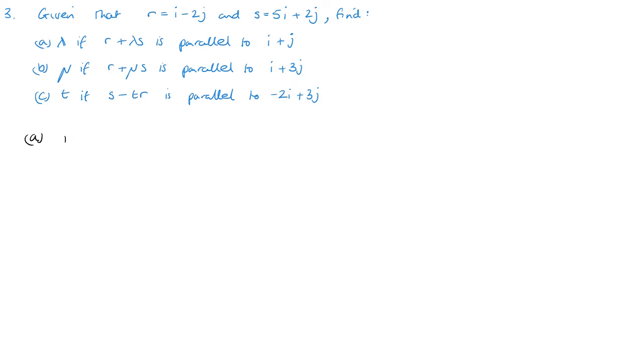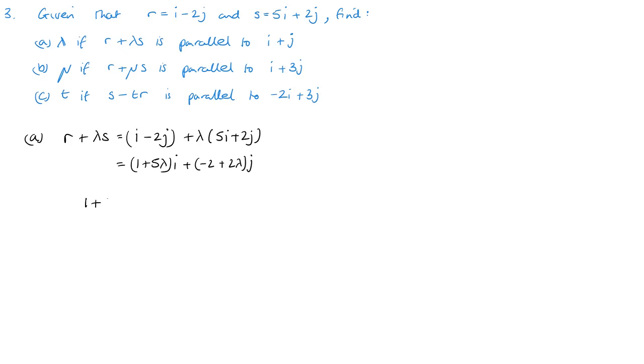Okay, a is r plus lambda s. So it's i minus 2j plus lambda 5i plus 2j. So that is 1 plus 5 lambda i plus minus 2 plus 2 lambda j. This is going to be parallel to i plus j, so the i's and the j's are equal to each other.